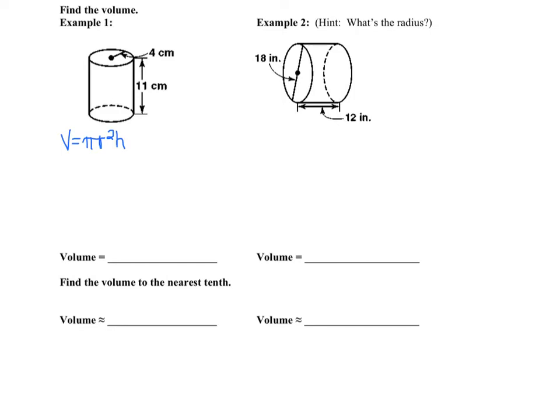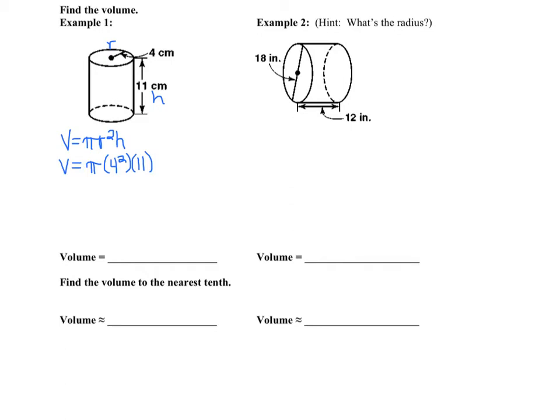Our radius is half the diameter, so our radius here, we'll label it as 4, and our height is how tall? That's 11. So now to replace our formula with our information, volume equals pi, our radius is 4, and you're squaring that, and then you're going to times that by 11.